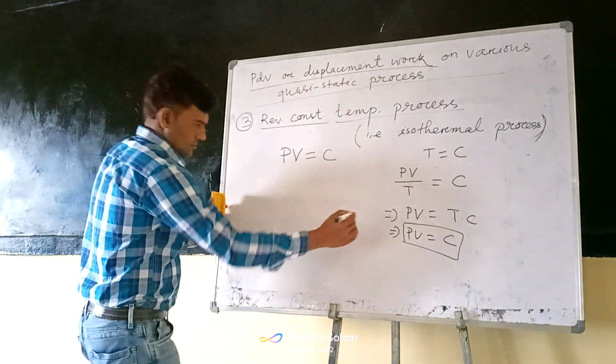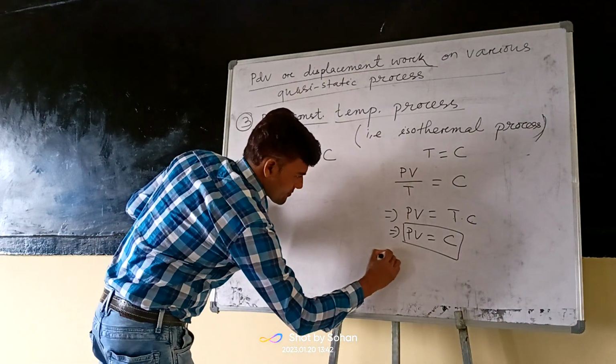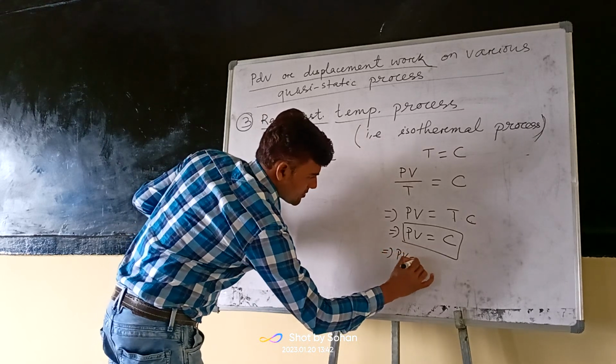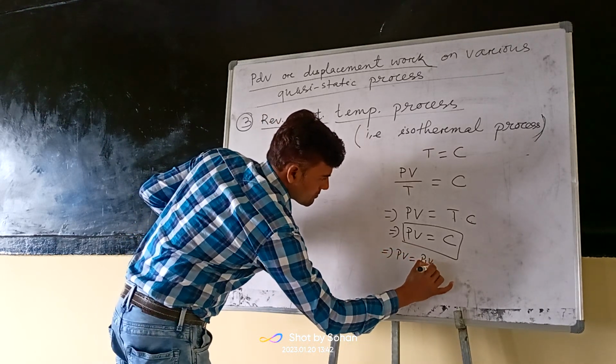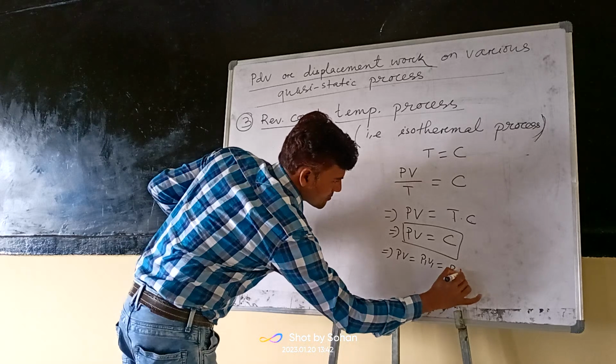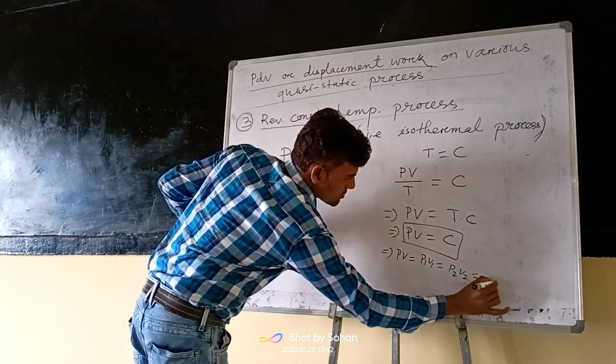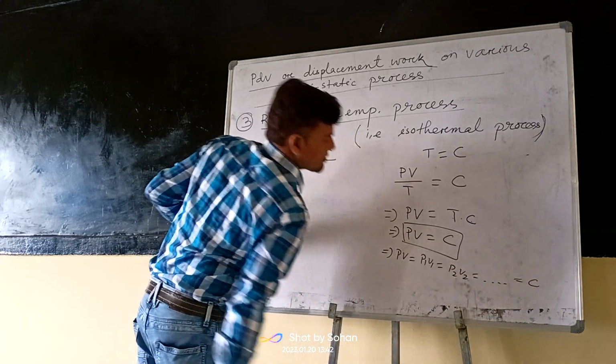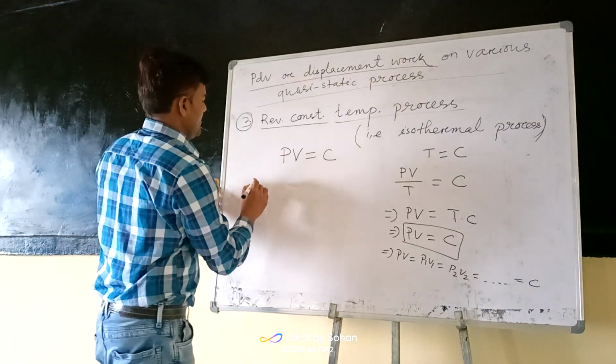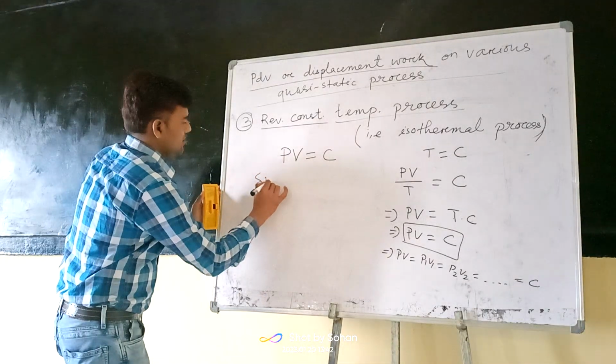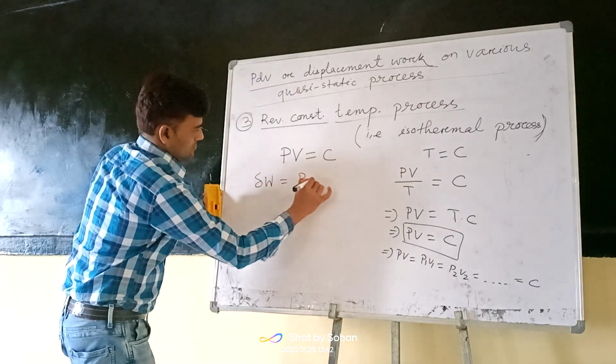We can also write it like this: PV equal to P1 V1 equal to P2 V2 equal to, and so on, equal to constant. Then work done, del W equal to P dV.